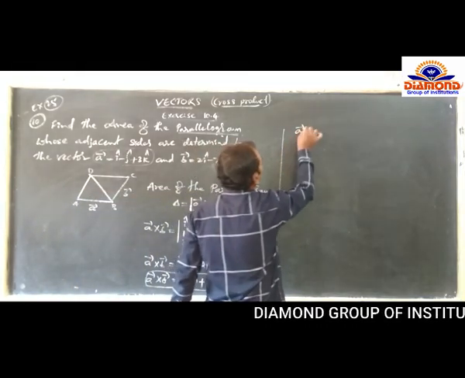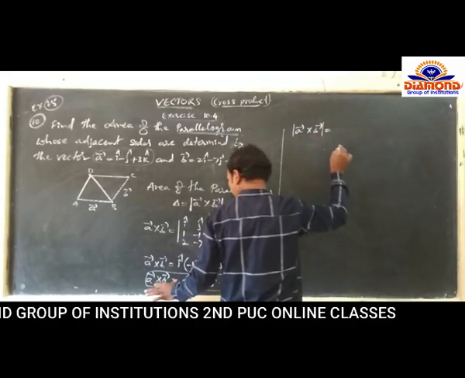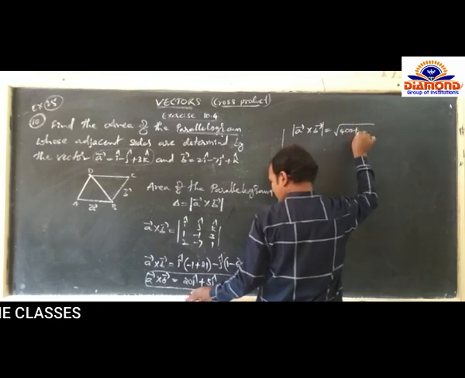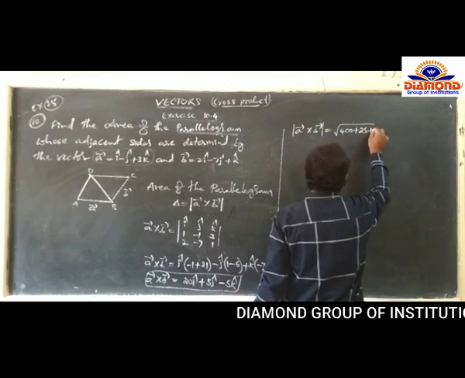So the magnitude of A bar cross B bar equals the square root of 400 plus 25 plus 25.